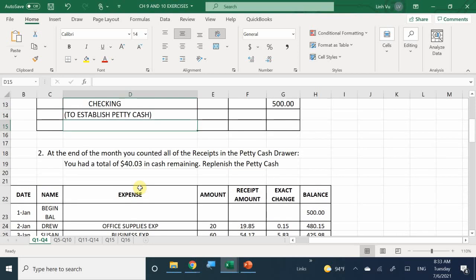So then question number 2 says at the end of the month, you've counted all of the receipts in the petty cash drawer, and of course, you had a total of $40.03 in cash remaining. So let's replenish this petty cash drawer.